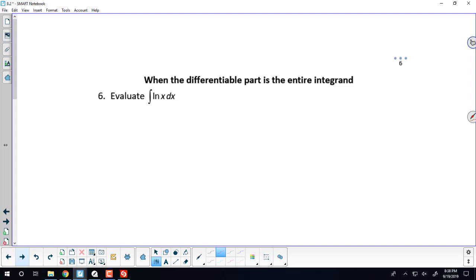So the natural log of x dx, we don't see a product there, but that's fine. For integration by parts, we would still say I want u to be the logarithm. You can view that as 1. I want u to be the logarithm, and then that means dv has to be dx. So we're just saying let dv be 1 dx.